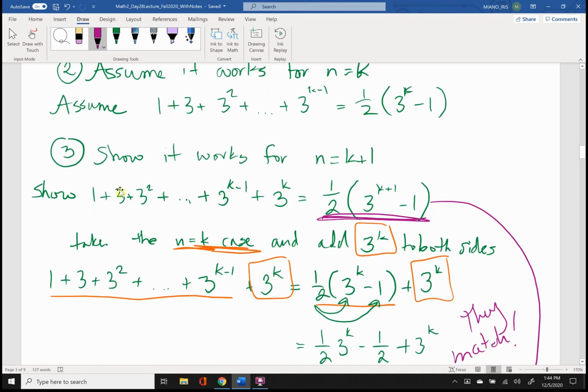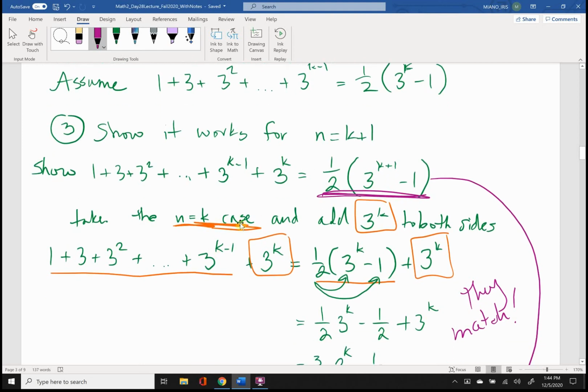So you will essentially show, and I think it helps to write down what the k plus 1 case looks like, okay? And then you're going to use the n equals k case. We're going to copy that down and add that k plus 1 term in the sum to both sides of the equation, again from the n equals k case.